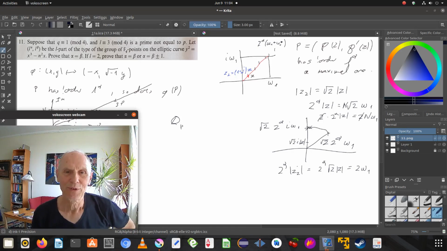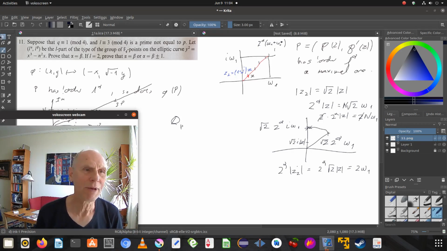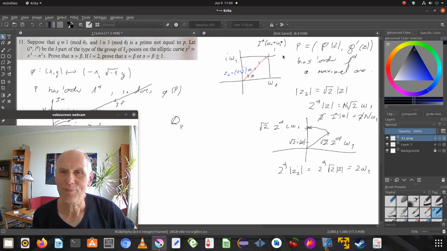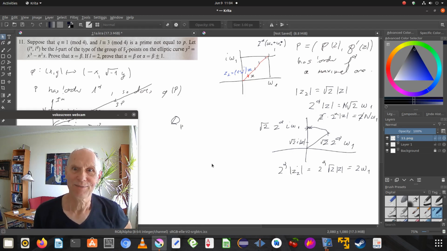Hi. After a few days I'm back. I realized that I was using the structure of a lattice with Weierstrass P function, and we don't have that structure available here. So we have to use something that is specifically related to this isomorphism.